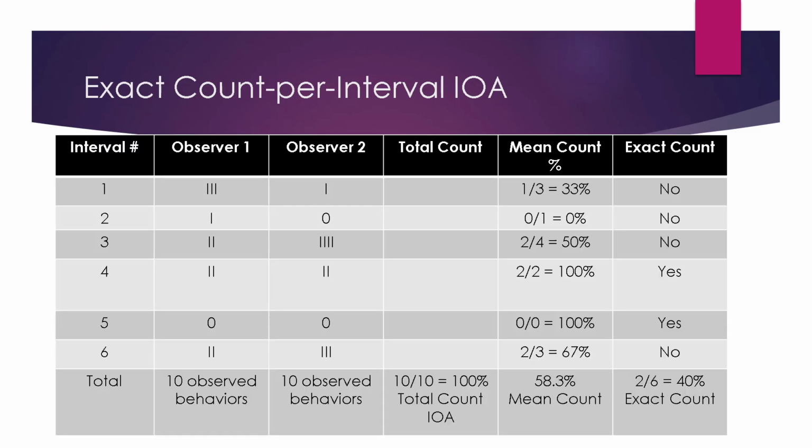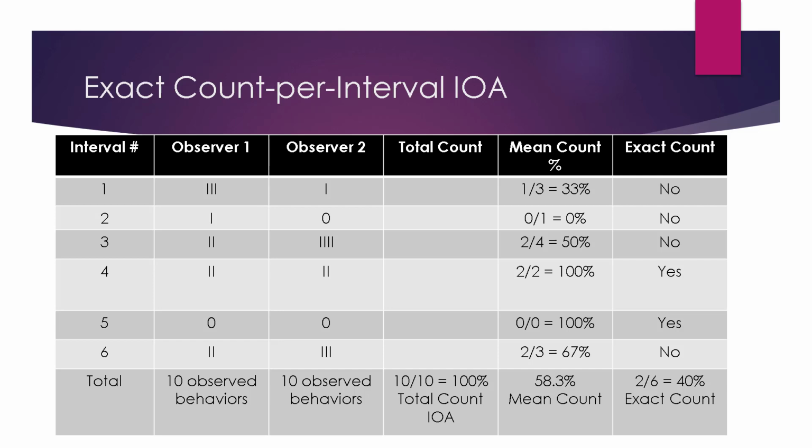This displays a 30-minute observation period. The observation period was broken into 6 5-minute intervals. For each interval, both observers tallied the number of occurrences of the target behavior. To calculate the exact count IOA per interval, we must first determine whether the two observers had 100% agreement in each interval.